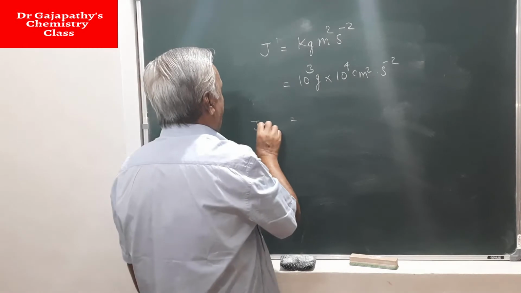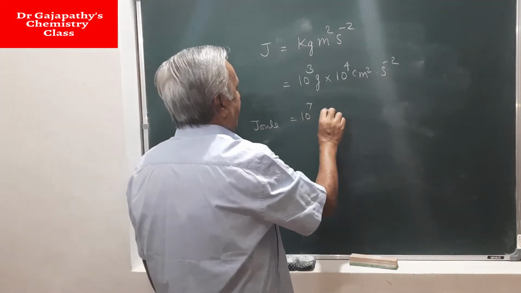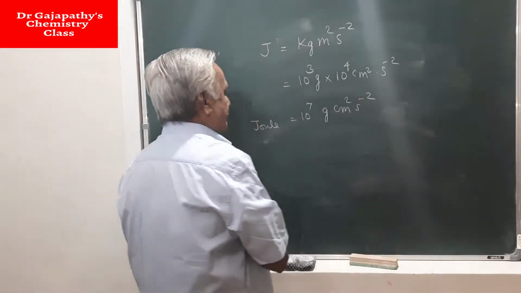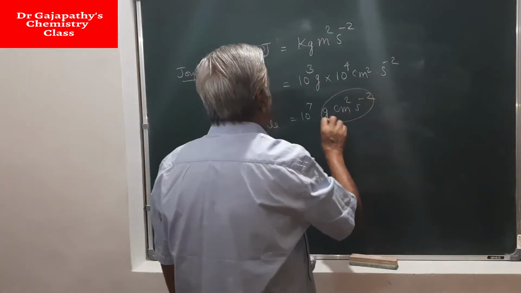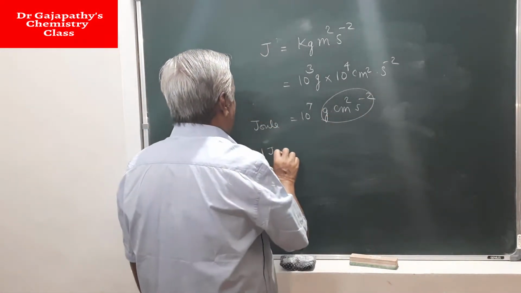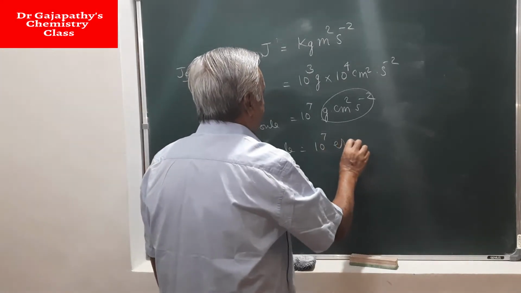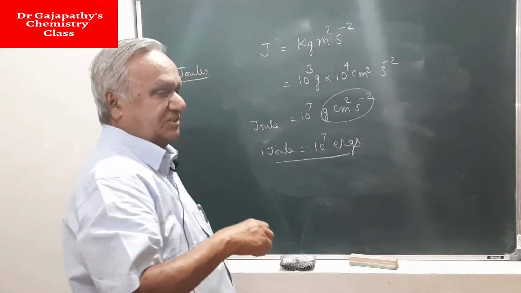So a joule equals 10 power 7 gram centimeter square second minus 2. And this is nothing but an erg. So 1 joule equals 10 power 7 ergs. This is the relation between the CGS and the SI system.